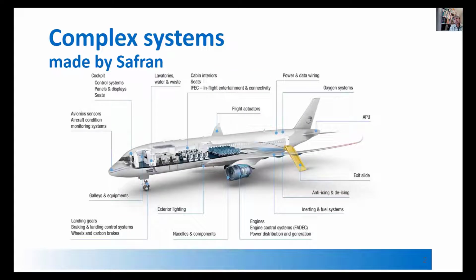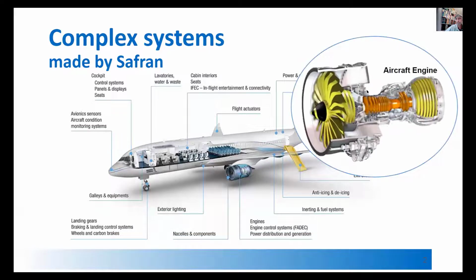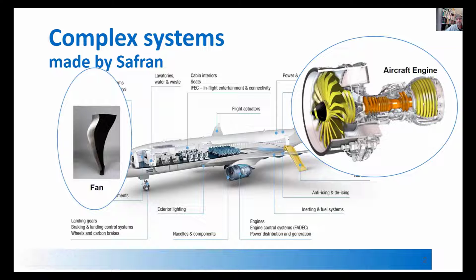I will talk about complex systems. What is a complex system, based on what Safran is doing? The aircraft is a complex system, but there are also, as subsystems of an aircraft, some complex systems themselves. For instance, the engine is itself a complex system, and you can go further and see that even inside an engine, this part, called the fan blade, is also a complex system.